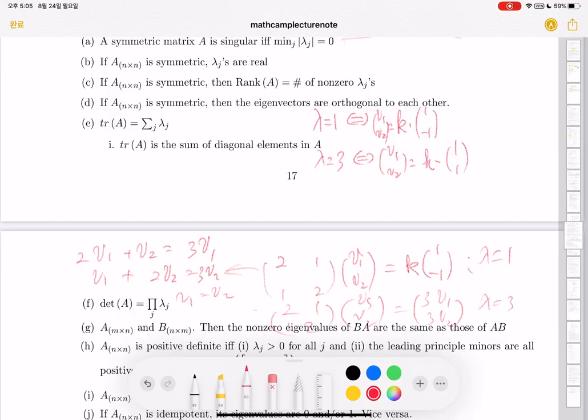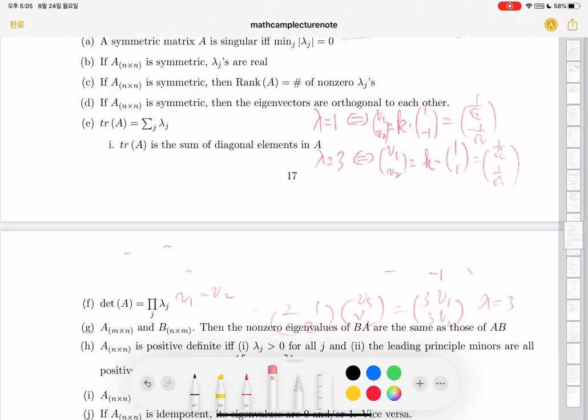We want to normalize the vectors. So the normalized vectors are 1 over square root 2, minus 1 over square root 2, and 1 over square root 2, 1 over square root 2. Okay, so after normalization, we have two eigenvalues.